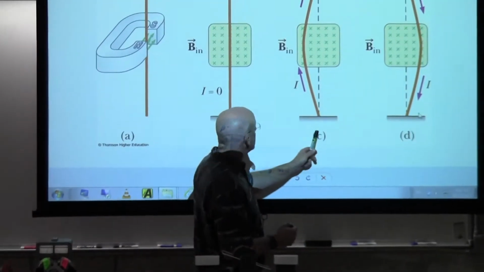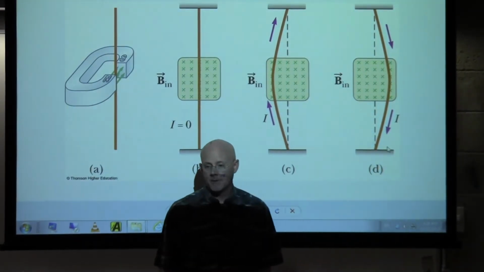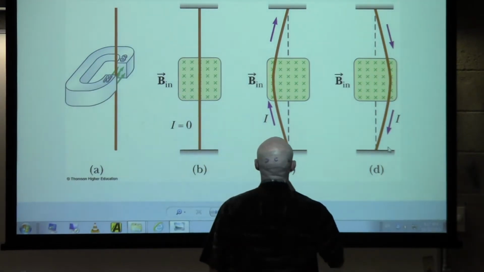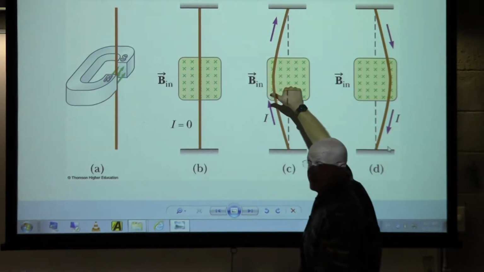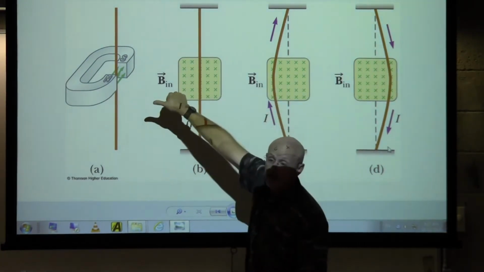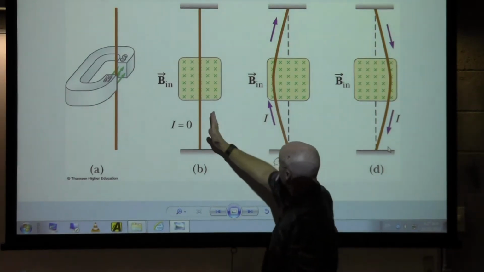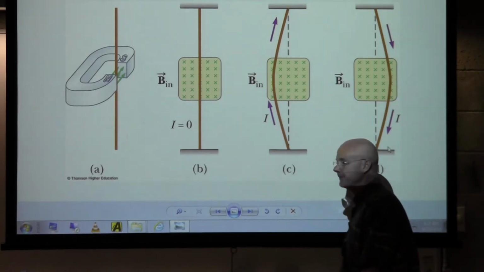C is saying, well, take a look then on this part of the wire that's actually in the magnetic field. They've got a current going up. And so if you take your right hand, and if you put your fingers in the direction of the current, and you close your hand in the direction of the field, you will get over to your left. And so sure enough, they're kind of showing this wire bend over to the left.